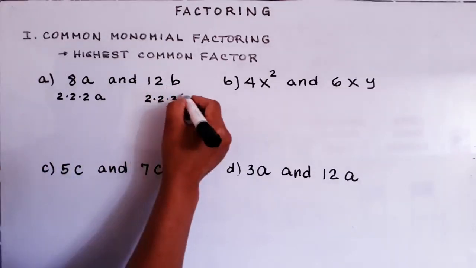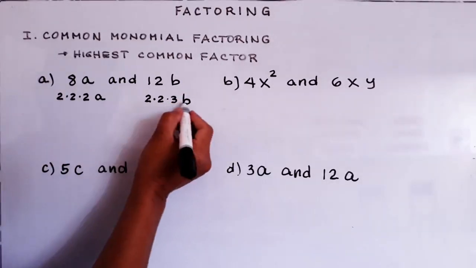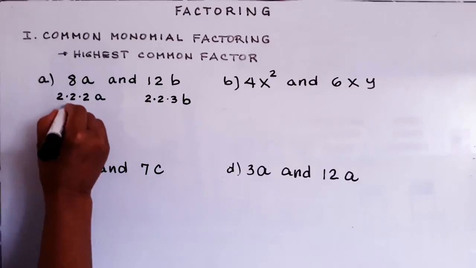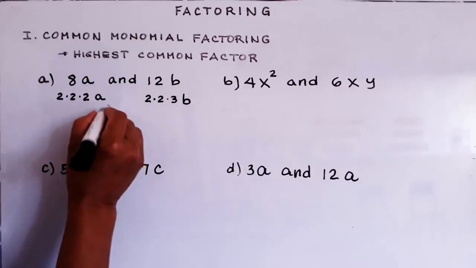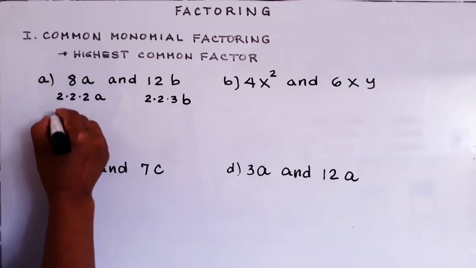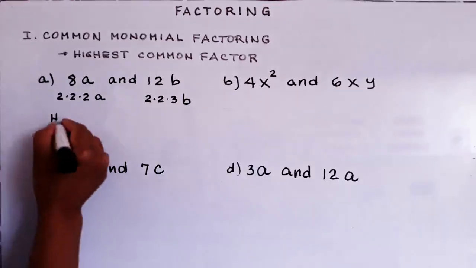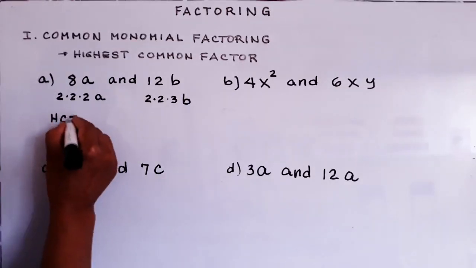And then we put the B here. Then we will remove the number or the letter that is common to both of them. And that one is called the GCF, or the highest common factor.